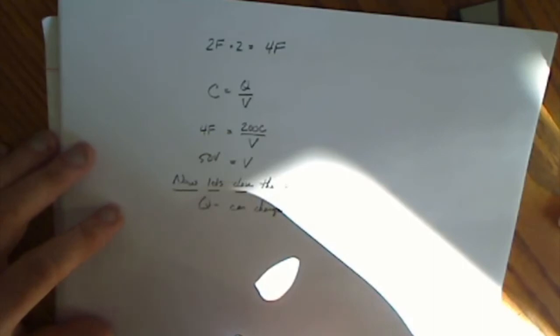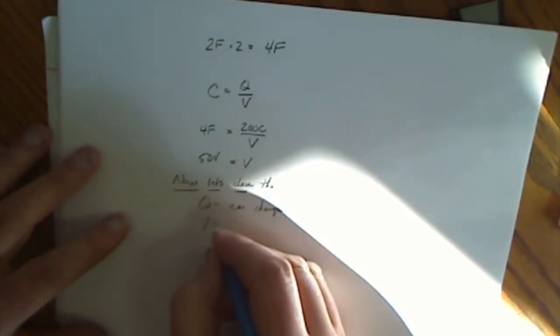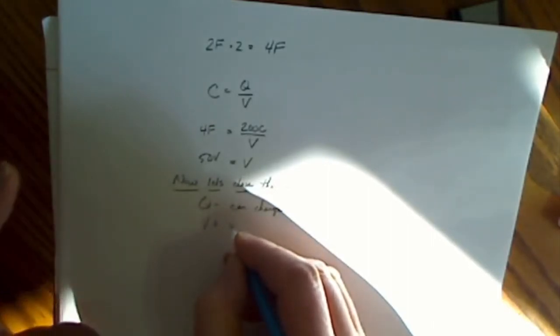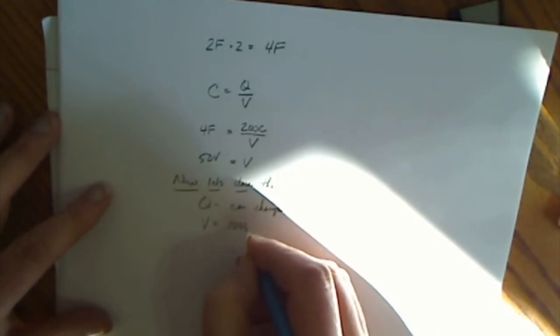But now that I'm connected back to the battery, the potential across there is going to go up to whatever the potential of the battery is, 100 volts. It's going to come back up to that same potential as the battery. If you think about voltage as electrical pressure, it's going to build up until it's pushing back with the same type of electrical pressure as the battery was pushing forward.